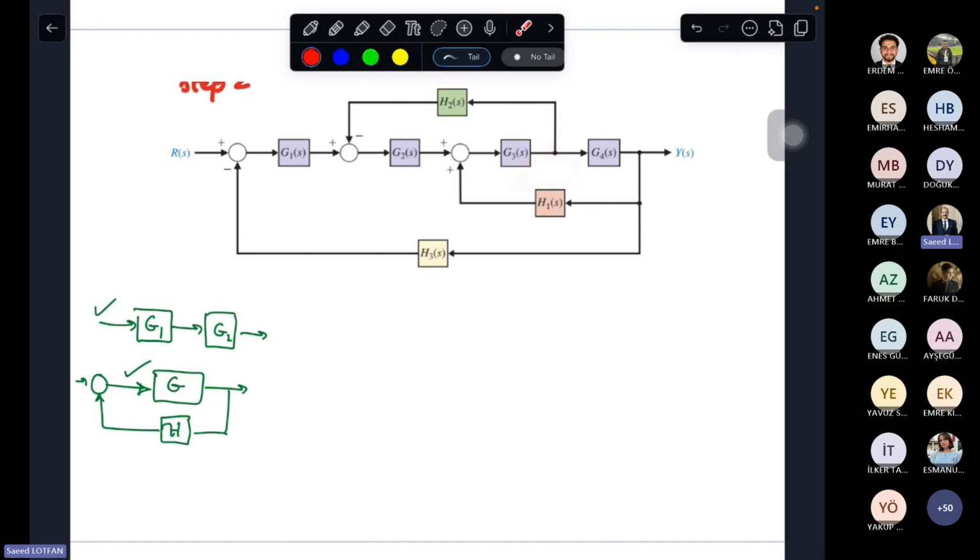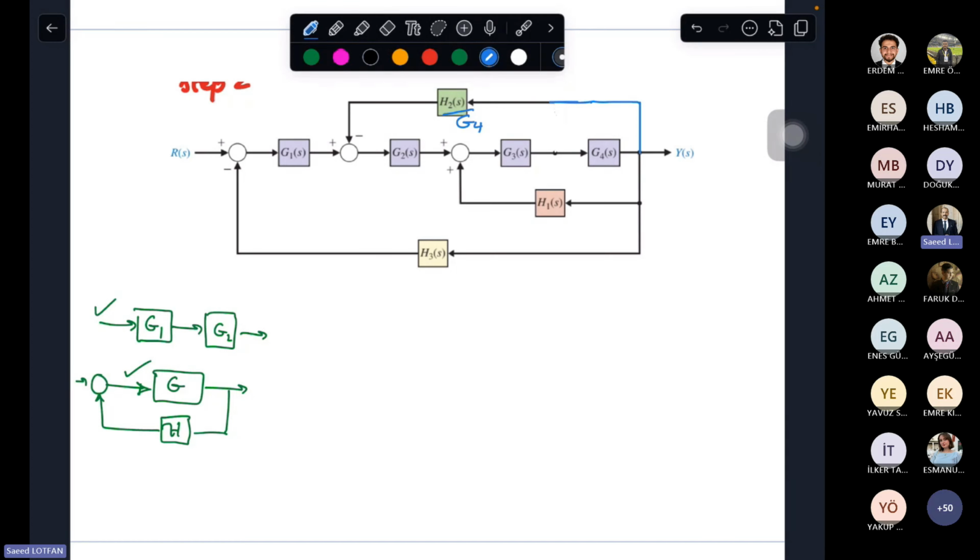So in order to do that, I delete this line from here and bring it here. Because this guy was not seeing G4, I have to divide it by G4.